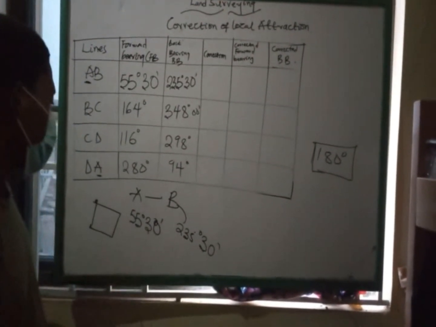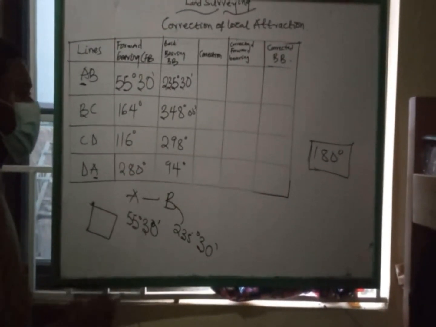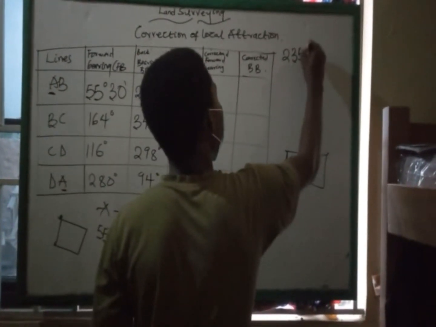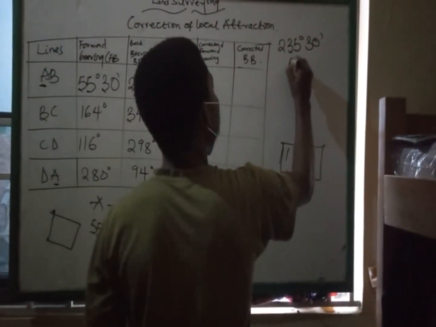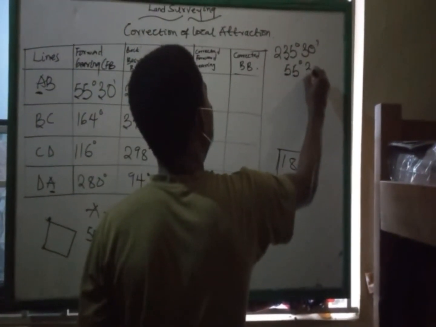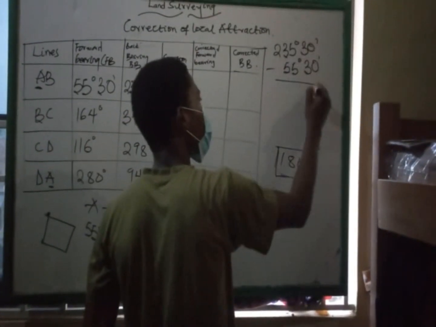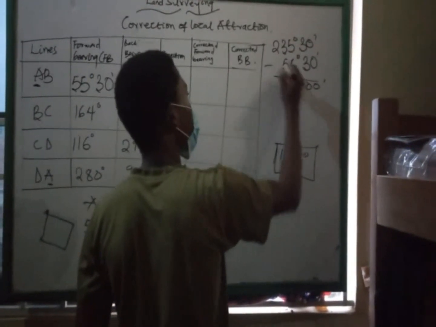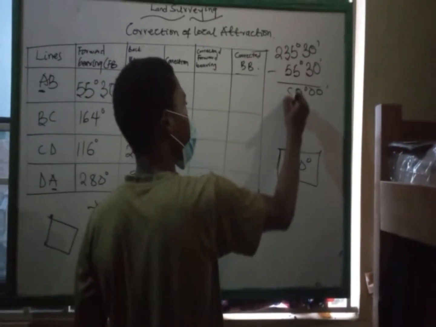So moving on, we are going to solve this. When we subtract the back bearing from the forward bearing, here we have 235 degrees 30 minutes being subtracted from 55 degrees 30 minutes. With our subtraction, we see 0 minus 0 is 0, 5 minus 5 is 0. We borrow 1 to this side, and hence it gives us 30. 30 minus 5 gives us 8.